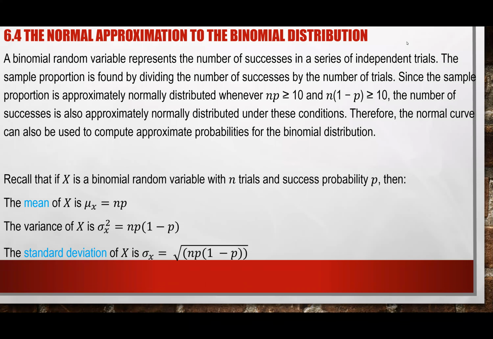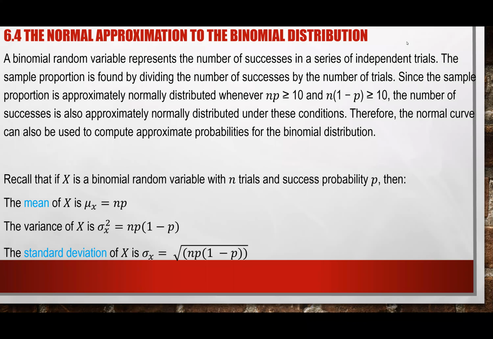So 6.4 is when we're using the normal curve, a normal distribution, to approximate the binomial. If you remember, chapter 5 is the binomial distribution.